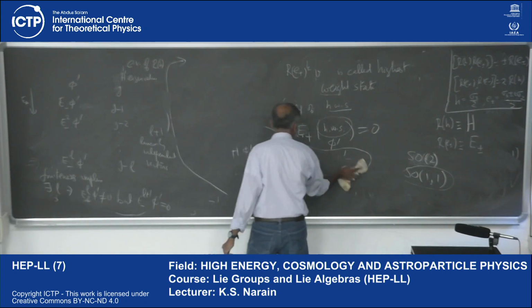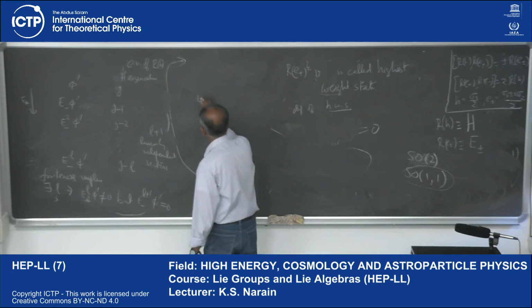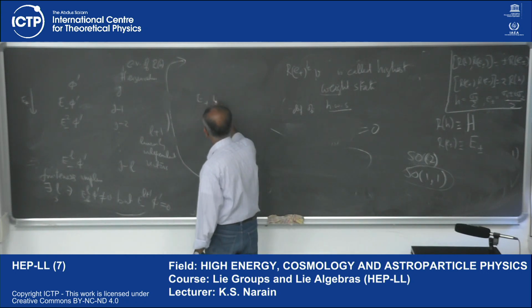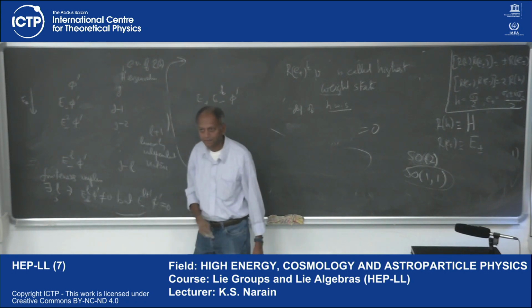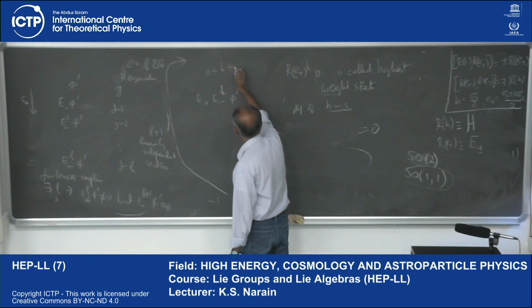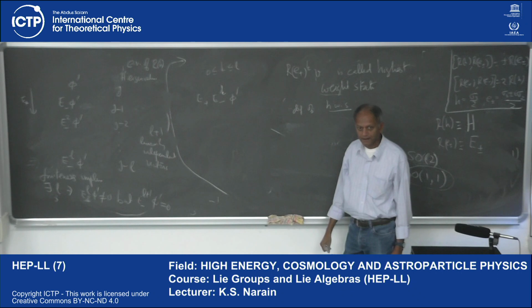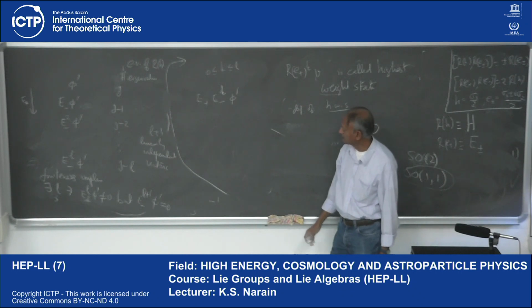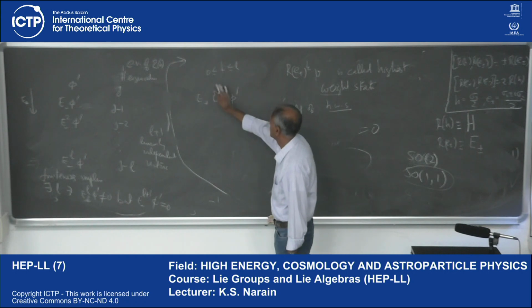If I apply E plus on any of these states, let's say E minus to the K, phi prime, where K is between 0 and L, because that's all the states we have here. What is this? First of all, if K equals 0, this is E plus phi prime.